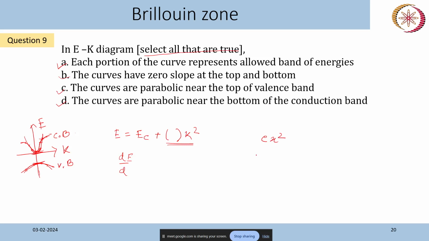Okay, I will check this. Yeah, the slope is not 0, but the slope is gradually changing, and then locally at this point it is constant. So maybe this is not correct, but these three are correct. Okay, I will change this in the final PPT.